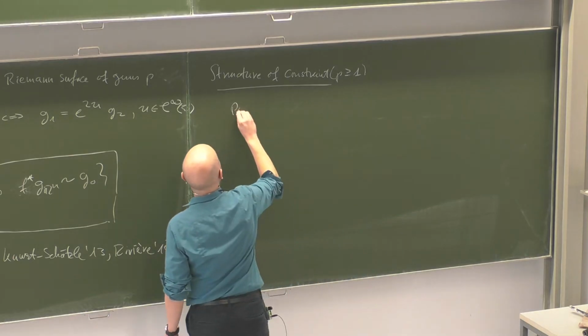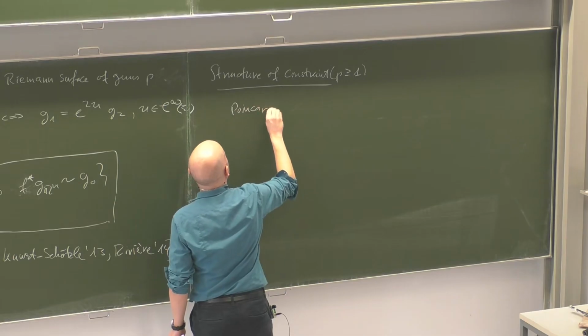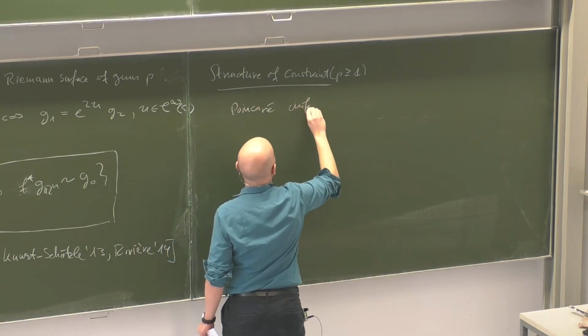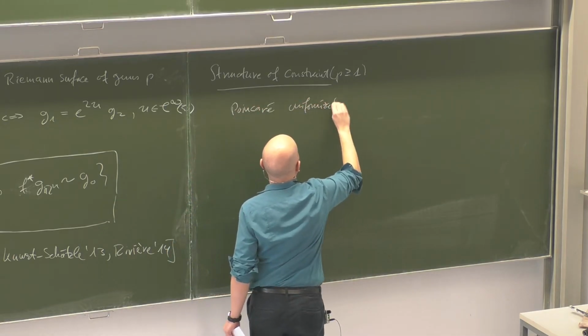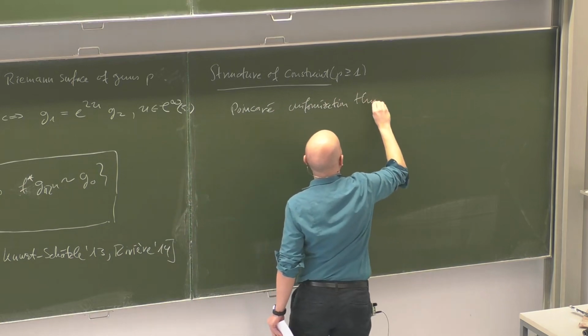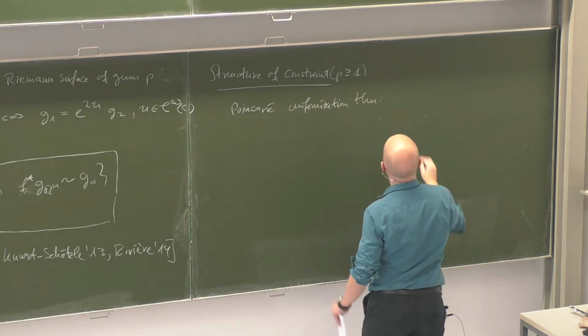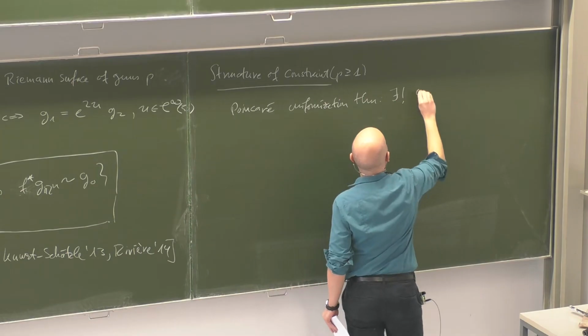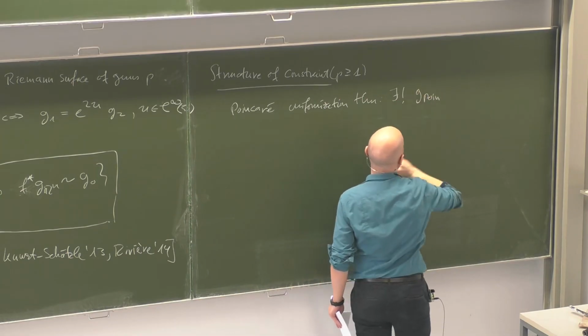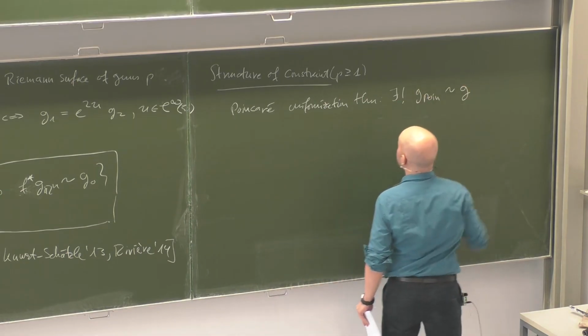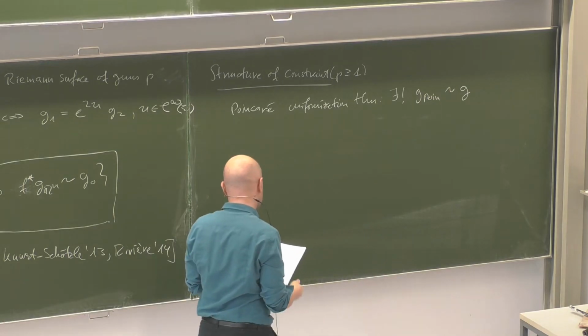One way to do so is with Poincaré uniformization, giving us a unique so-called Poincaré metric in the equivalence class of any g.